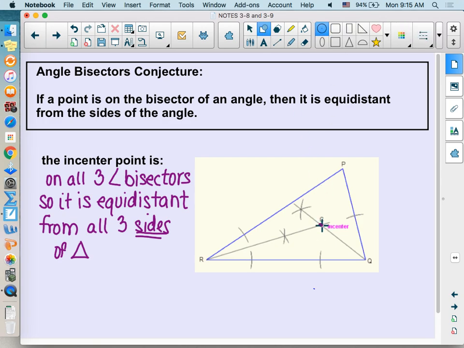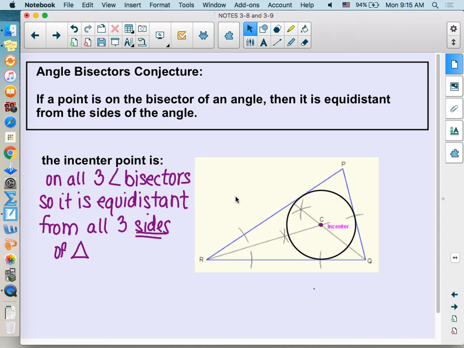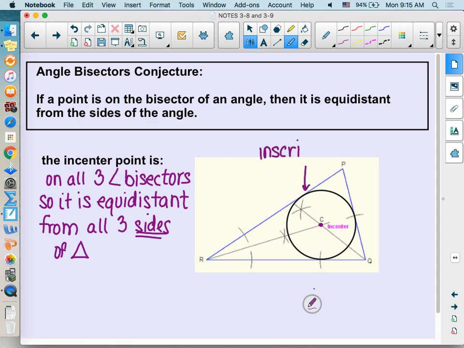That will allow me to inscribe a circle. That means I will be able to reach with one circle all 3 sides. So the sides of my triangle will be tangent to my circle.